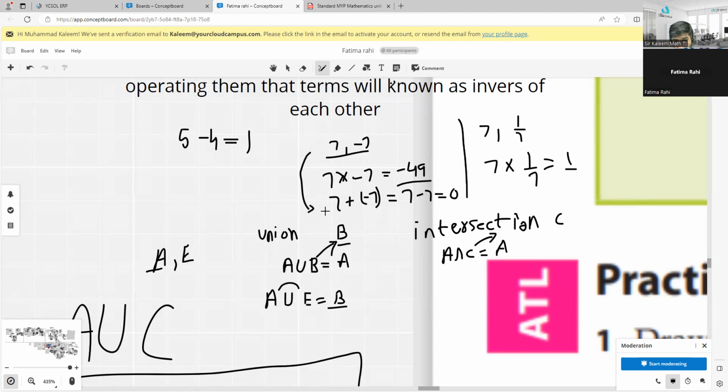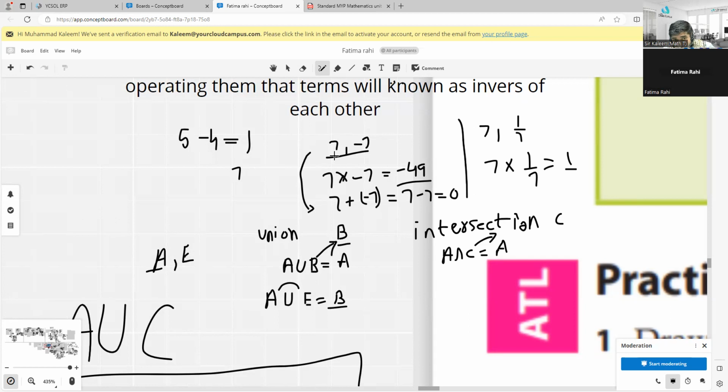The same debate as for addition. Like here we have 7 and -7. We have to check, are they additive inverse of each other? So what we have to do? You just have to add them, right? Because we have to check additive inverse. While we have to check additive inverse, you have to do addition.